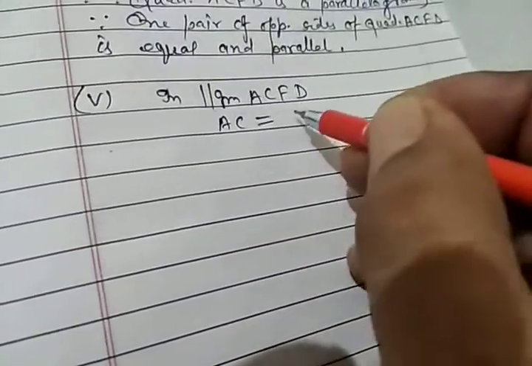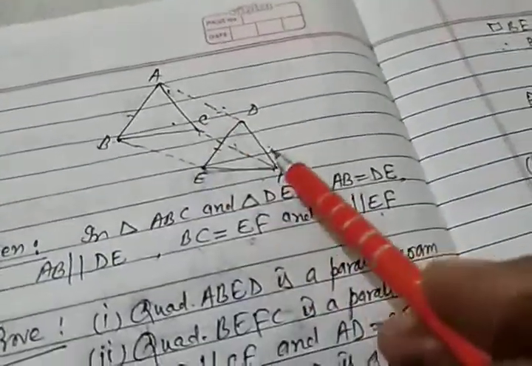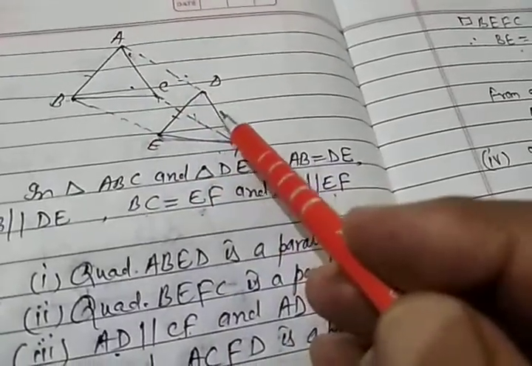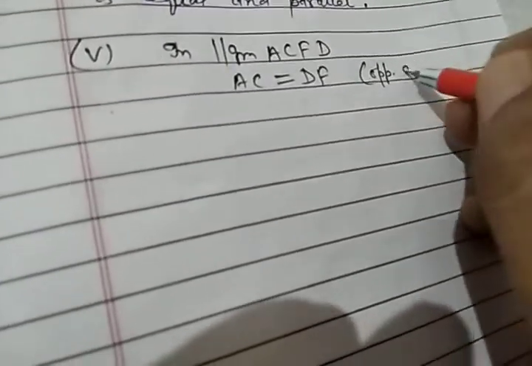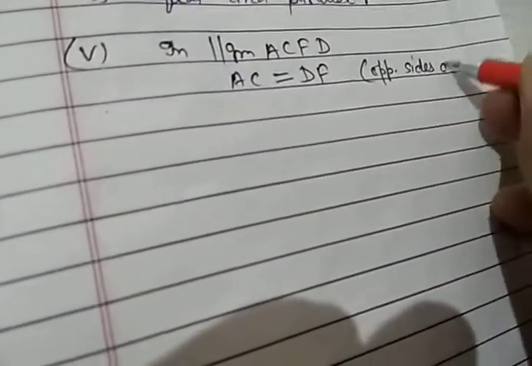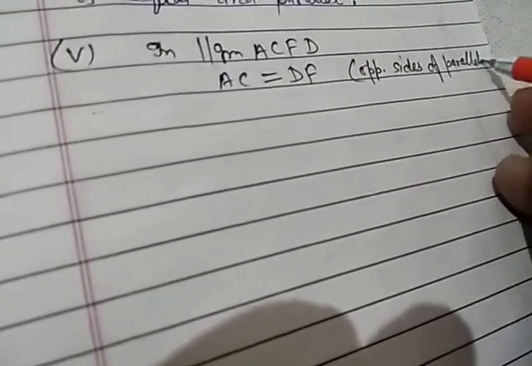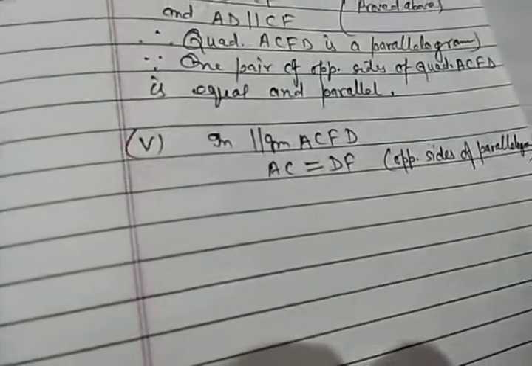This is a parallelogram, hence opposite sides of a parallelogram will be equal. So you can write here opposite sides of parallelogram are equal.